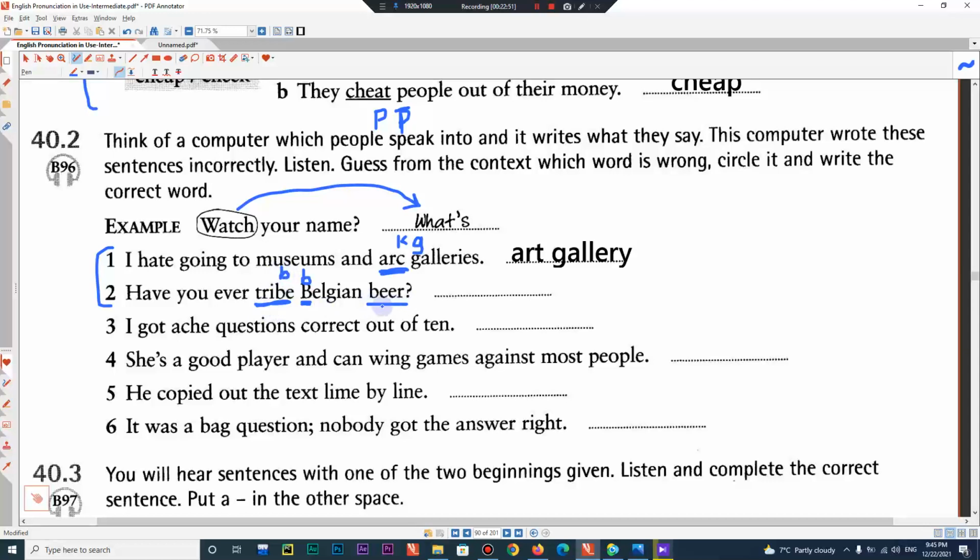And remember, it's beer. Beer is like Coke, water, drink. It's a kind of drink. So probably "tried" is a good word here. But the speaker used "try Belgian beer" because Belgian, I don't know what it is. It's close to "be." So "have you ever tried?" But the word was "tried."